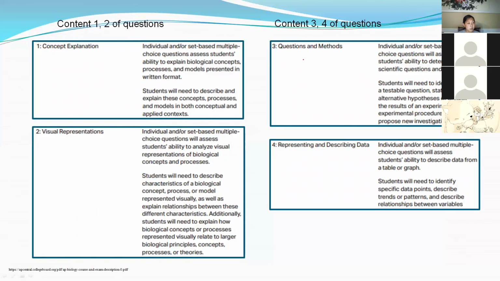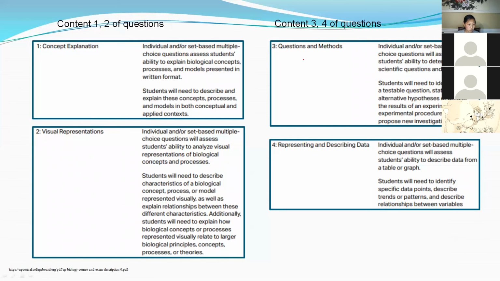So concept explanation is basically vocab. You have to know what a specific thing is and be able to explain it or write out what it is. Visual representation is usually stuff like charts, any sort of pedigrees or genetic charts, things like that.